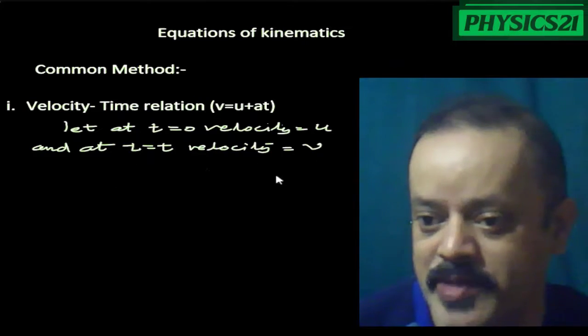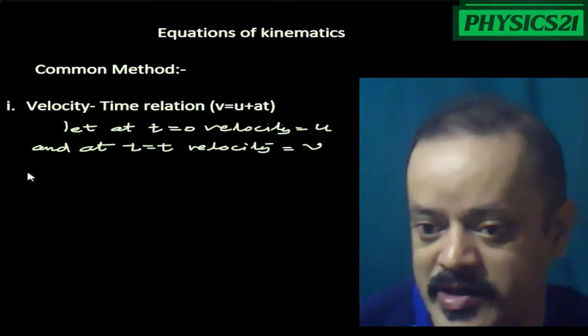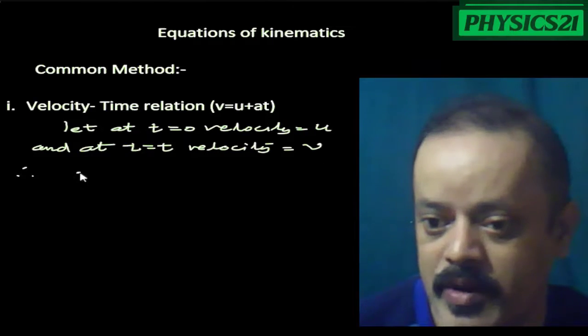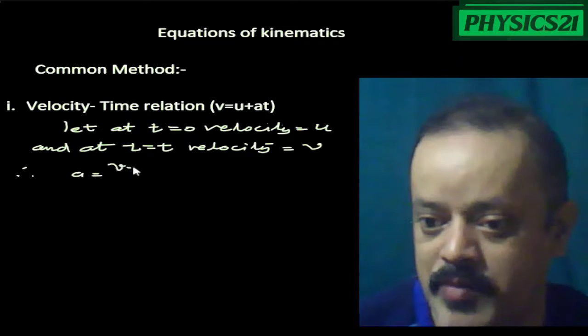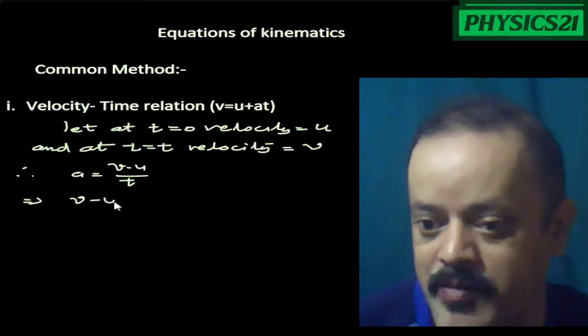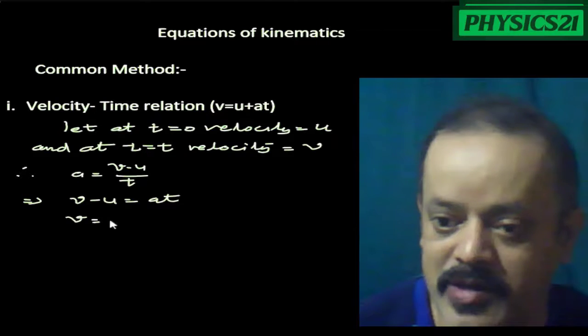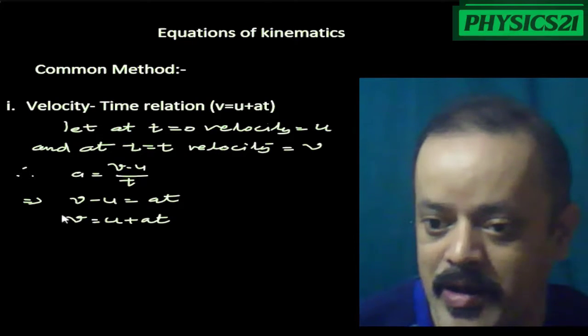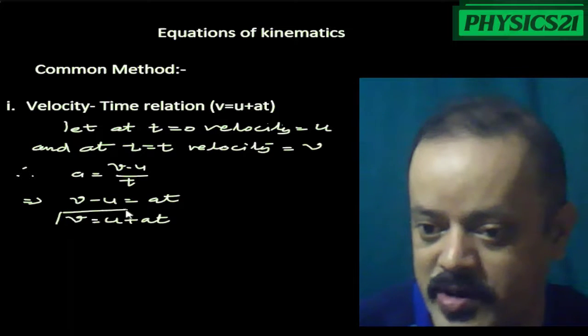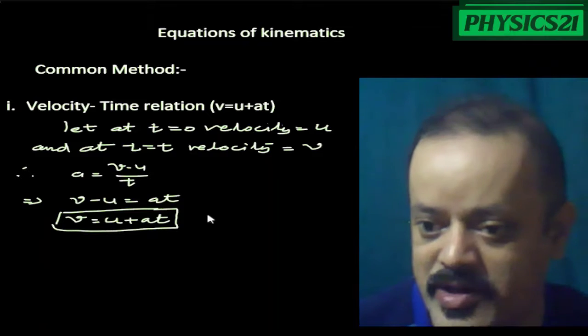As we know that the rate of change of velocity is known as acceleration, so we can write a equals v minus u divided by t. Now by cross multiplication, in next step we can write v minus u equals at. Now as we rearrange this equation, we write v equals u plus at, which is the first equation of motion, also known as velocity time relation. So this is the derivation of the first equation.